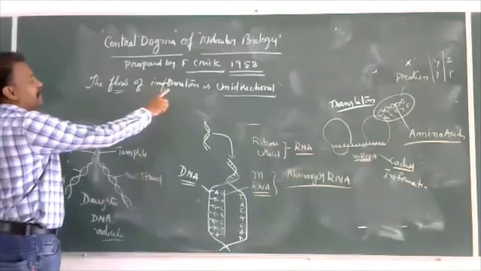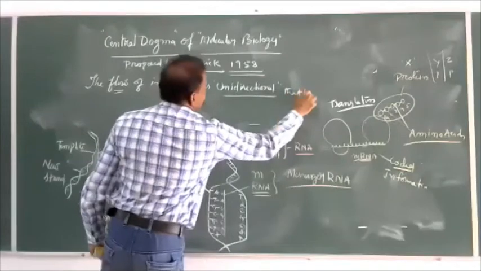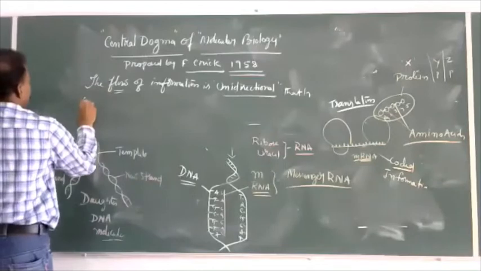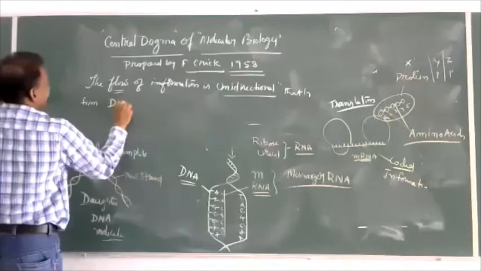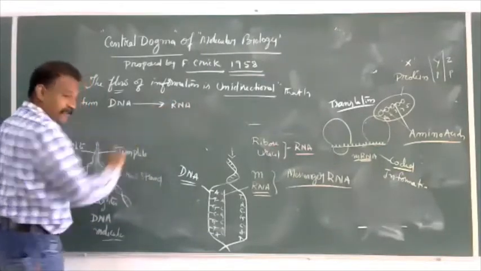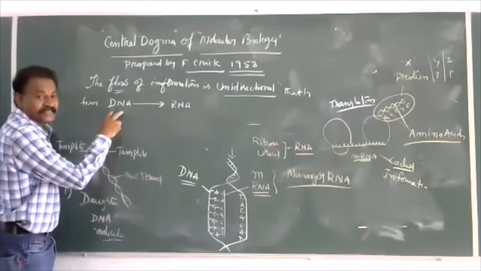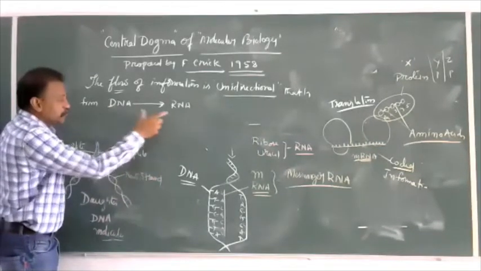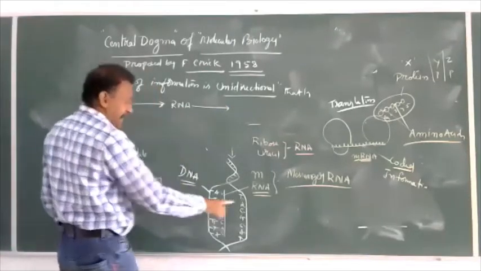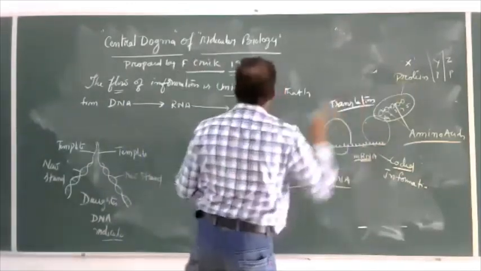The flow of information is unidirectional, from DNA to RNA in the form of mRNA. DNA, the double helix with two polynucleotide chains, is able to show this, and from RNA it is able to determine which type of protein.